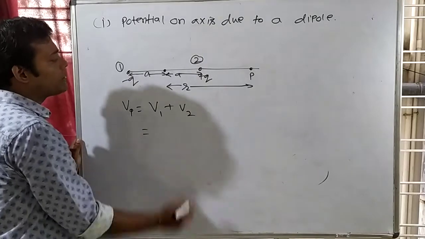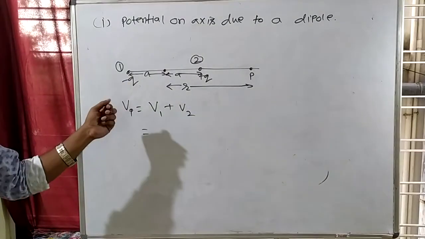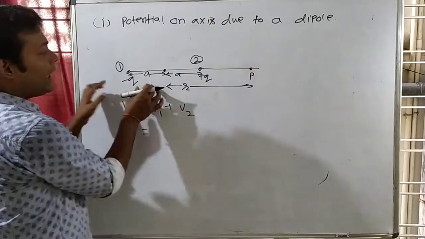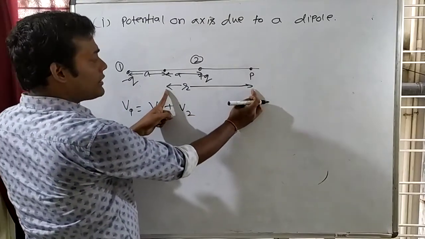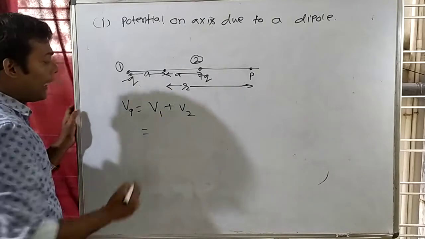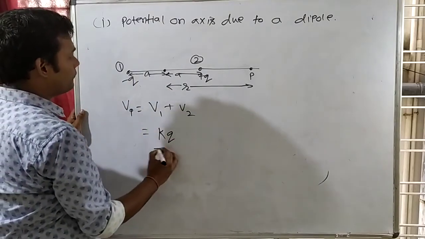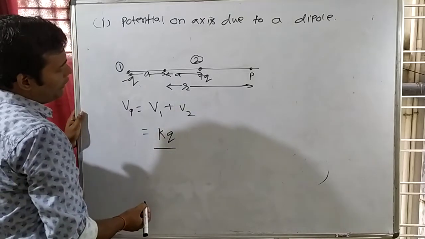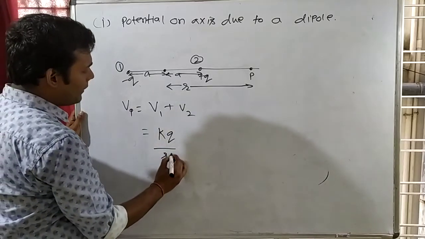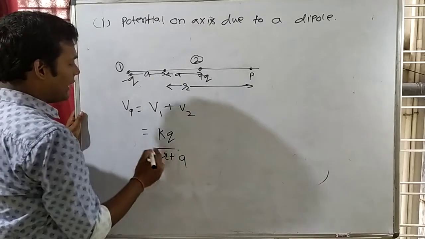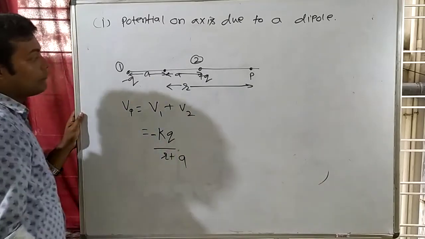So what is the potential due to the first? Point P's distance from the minus Q charge is R plus A. From here to here this is R, and here to here this is A. So we can write KQ by R plus A, but this charge is negative, so we write minus.